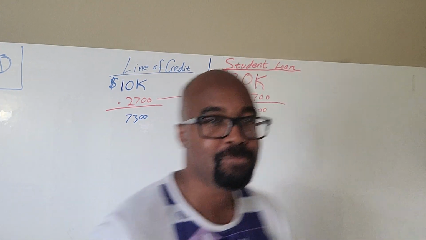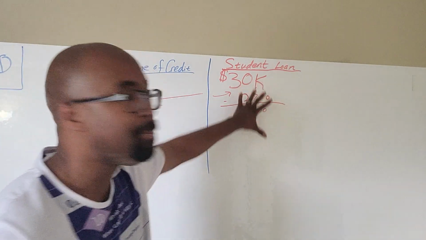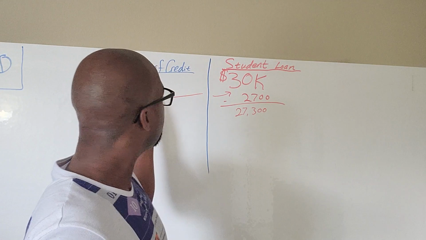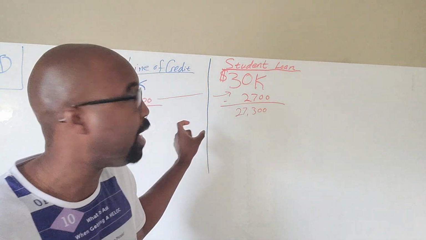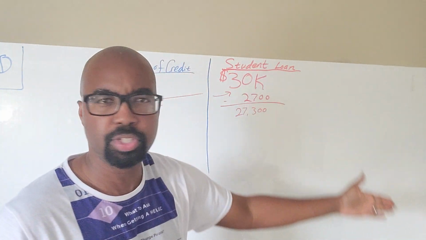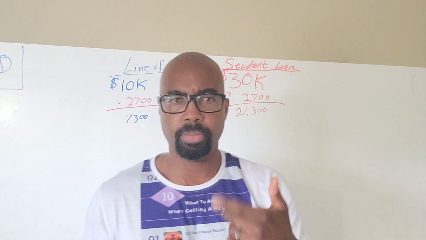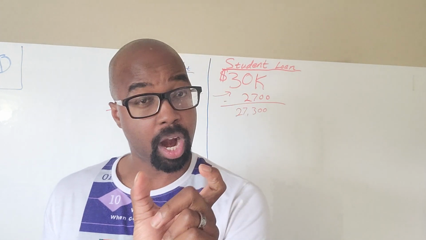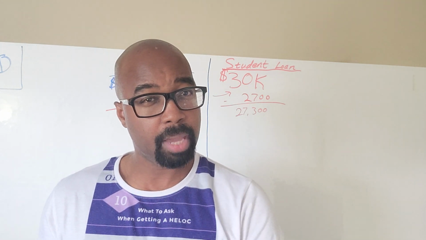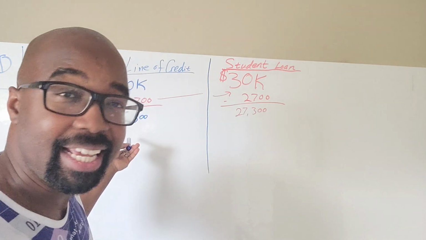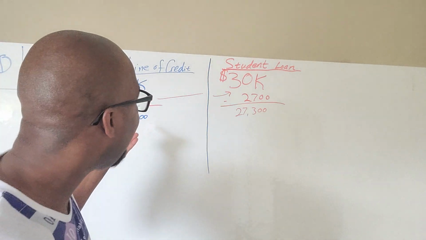Watch this. So we already established the fact that you took your $2,700 from the line of credit and you're smashing just the principal, guys, just the principal. You're going to continue to make your monthly payments from where? The line of credit.